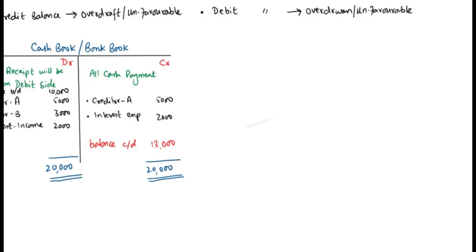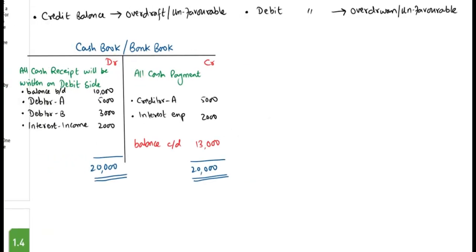Now we will move to the business bank account. In these times, most businesses work with banks, and most payments and cash receipts go through the bank. So the business also has a bank account, and there will also be some movement going on through our banking.